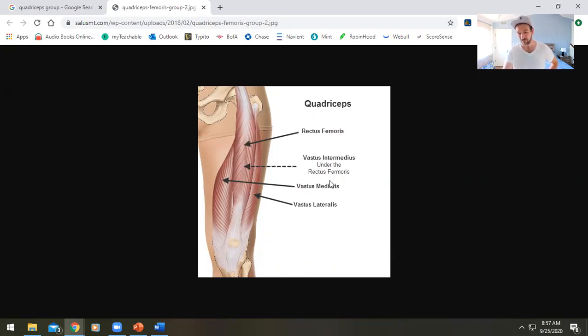And so you'll notice those are your three quadriceps muscles. And they originate on the greater trochanter of your femur. So they attach from the top of your femur right over here, and then they run down and insert onto the superior anterior portion of your tibia.